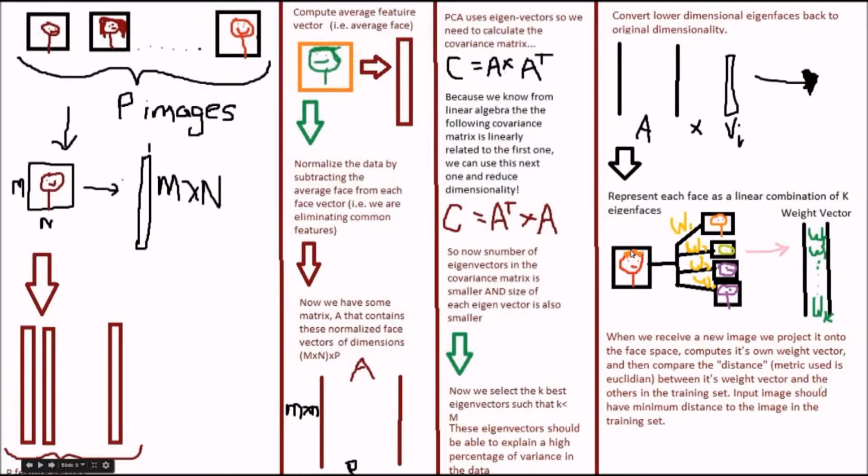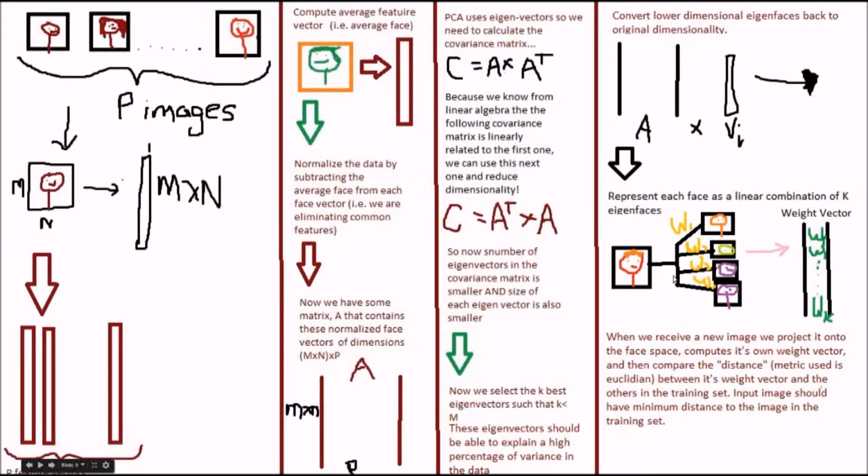These steps here show you how to compute these eigenfaces. But basically you have each image in the training set, and it corresponds to a certain percent of each eigenface, right? And from these percents, or these weights, you can form a weight vector. So each face in the training set gets assigned a weight vector, right?